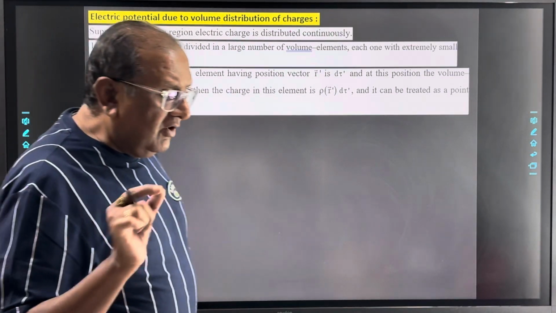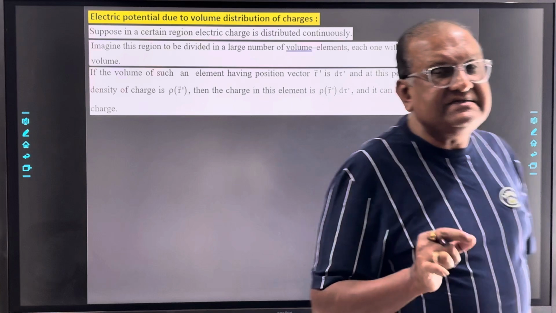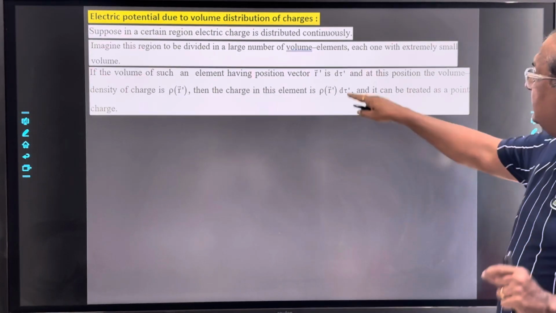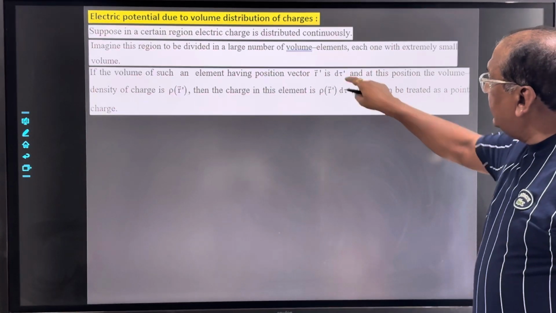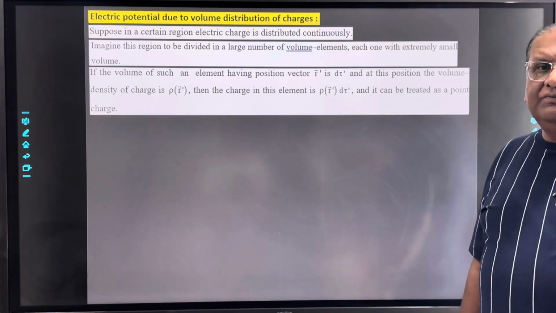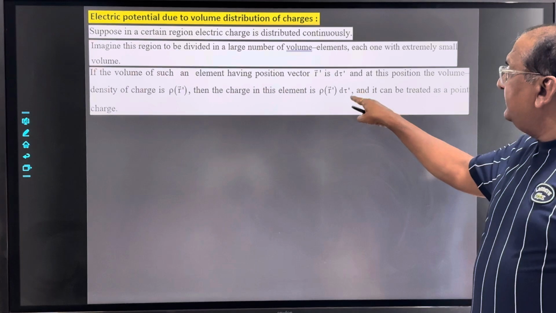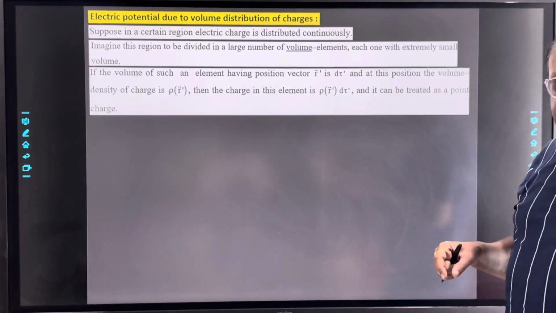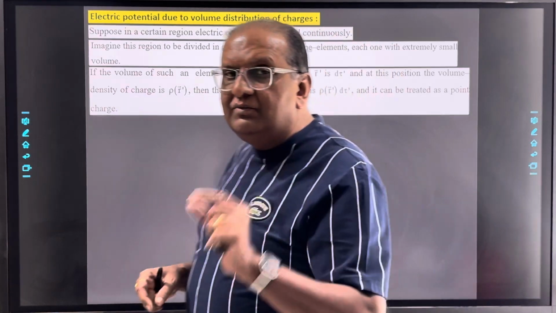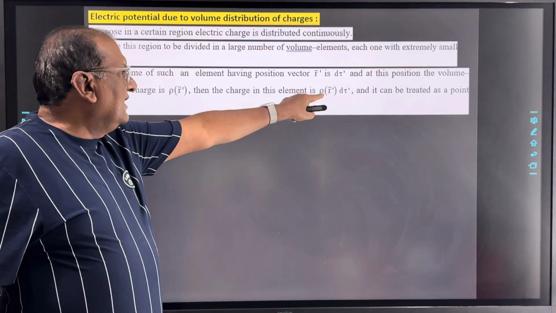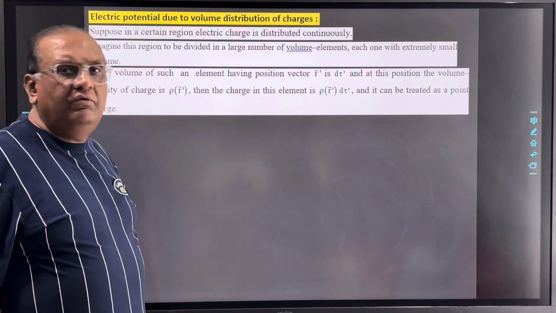Now volume charge density means charge per unit volume. We considered the volume d tau dash. So per unit volume the charge is rho, then in d tau dash how much? So now the charge in that particular small volume element is rho at r dash d tau dash.